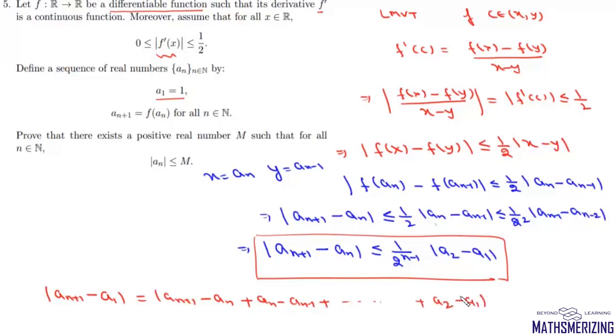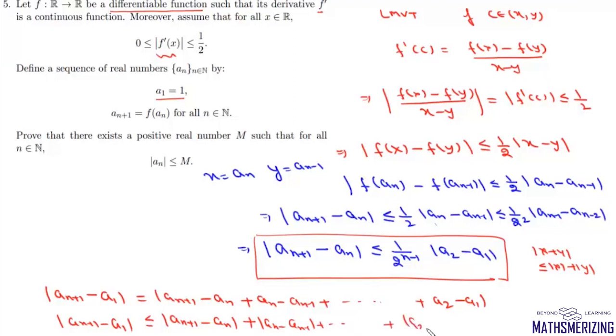Now we know that mod of x plus y is always less than or equal to mod x plus mod y. So we can write mod of a_{n+1} minus a_1 will always be less than or equal to mod of a_{n+1} minus a_n plus mod of a_n minus a_{n-1}, and continue up to mod of a_2 minus a_1.